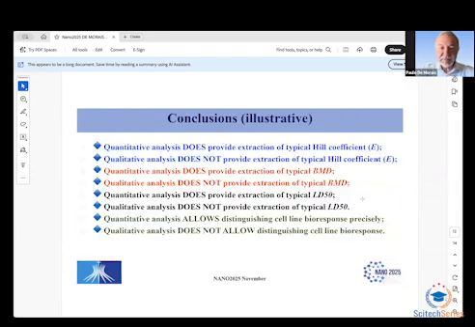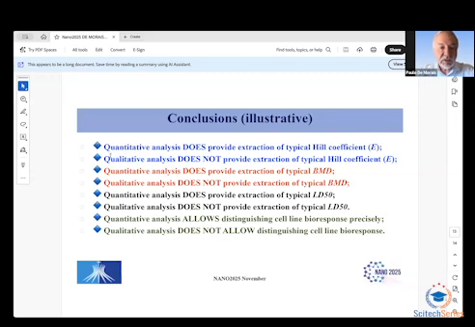So, finally, let me conclude my talk. The first conclusion is that quantitative analysis does provide extraction of typical Hill coefficient, which is a very important point. As I said before, there is a border which is the Hill coefficient equal to 1, and we have data with a Hill coefficient higher than 1 and lower than 1.